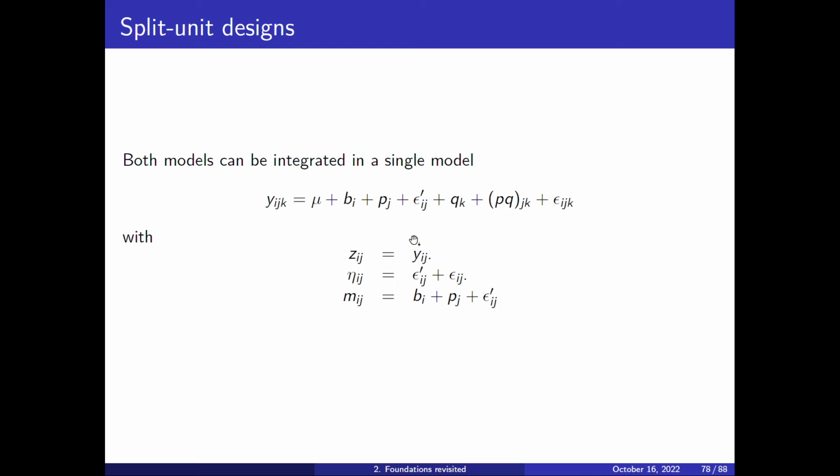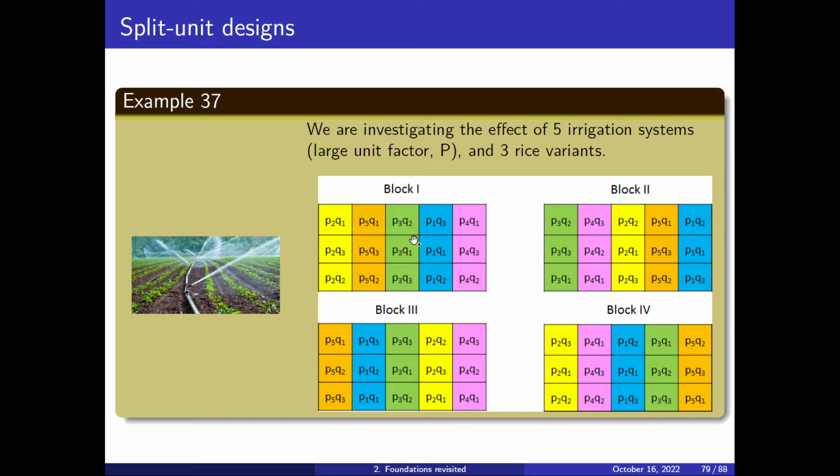So let's say that you are investigating the effect of 5 irrigation systems, that is the large unit factor, and 3 rice varieties. You can do it in this way, for instance. You can have multiple blocks. The blocks are different plots where you will do your experiment.